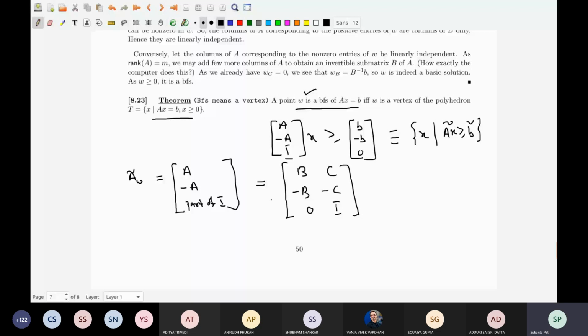And does this have rank n? Well, this has rank n because this is identity of size n minus m, and B has rank m. So if you look at this upper triangular matrix with B, C, 0, I, this has rank n.